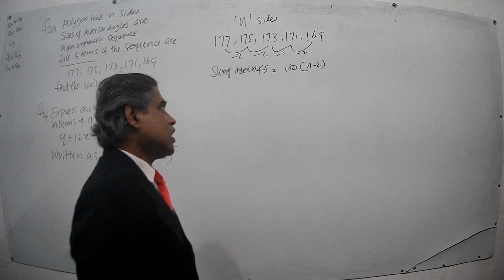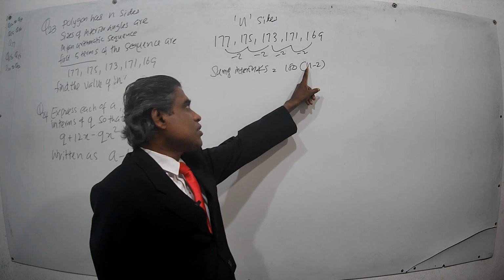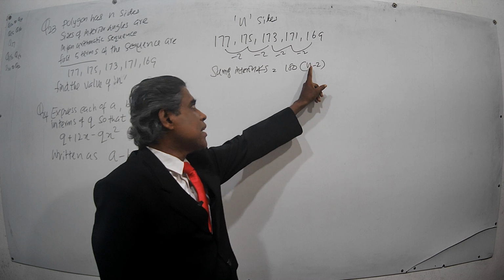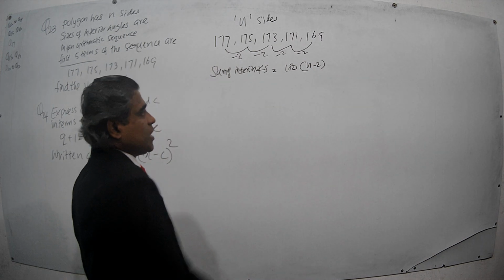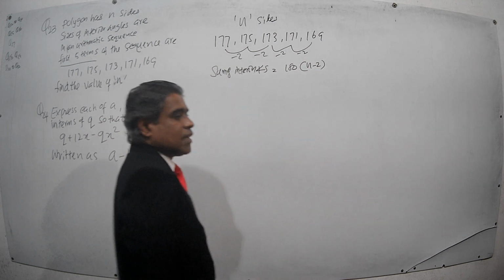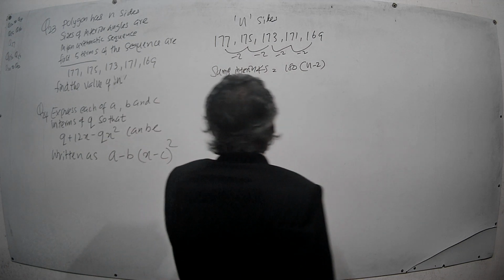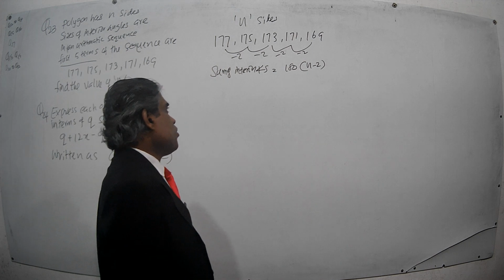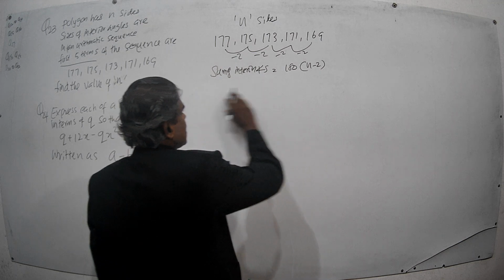If you know the number of sides, you substitute it for n, simplify the bracket, and multiply by 180. If we have 5 sides, 5 minus 2 is 3, times 180 is 540. That is how you find the sum of interior angles of any polygon.